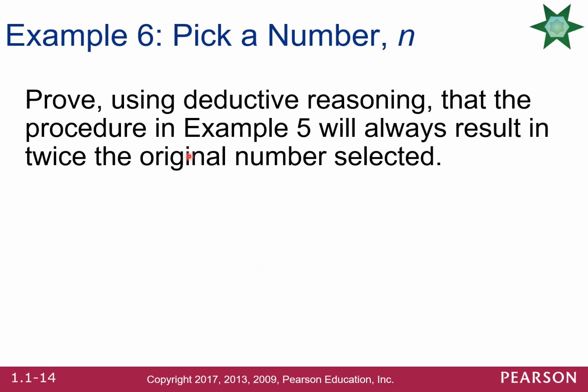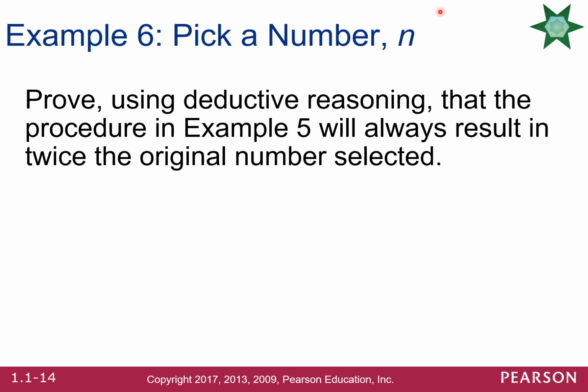So we are now going to use deductive reasoning to prove that the example we worked in, example 5, of picking a number and then going through all the different steps and comparing the relationship between the final answer and the initial answer, we are going to work those steps out with a general variable.